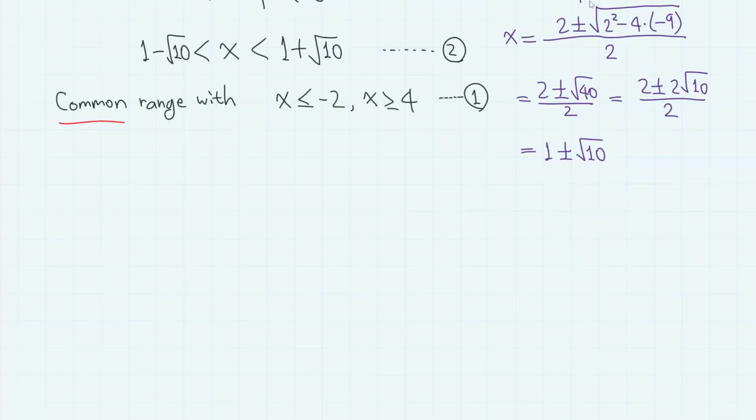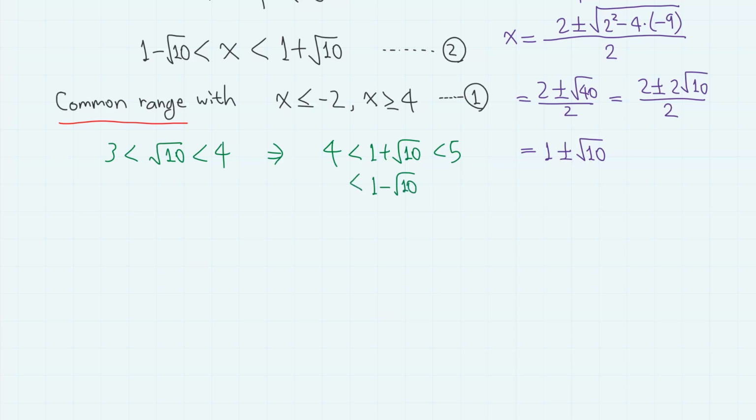We need to find the common range between the two solutions, which is the solution to our series of inequalities. In order to compare the numbers, we start from the range of square root of 10, which is greater than 3 and less than 4. This means that 1 plus square root of 10 is greater than 4 and less than 5, and 1 minus square root of 10 is greater than negative 3 and less than negative 2.